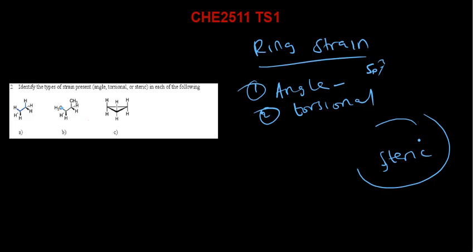But groups like butyl or methyl groups, if they're close to each other, then the electron clouds can start to repel each other. So for this compound here, the strain that's present is simply torsional strain due to eclipsing.